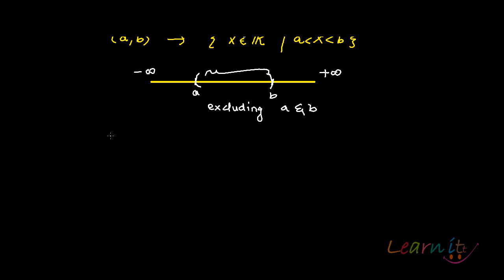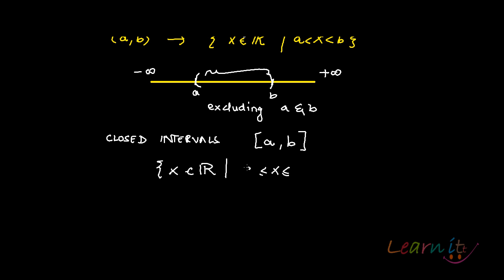Now, let us define closed intervals. A closed interval looks like this, denoted with these square brackets. These brackets tell us that a closed interval is a set of all real numbers between A and B, just like the open intervals.